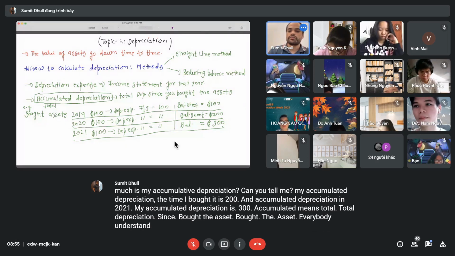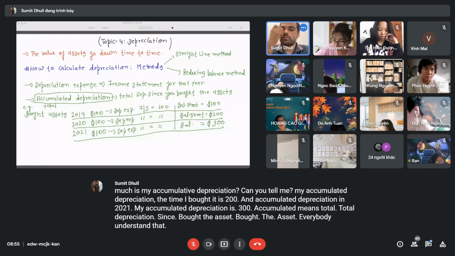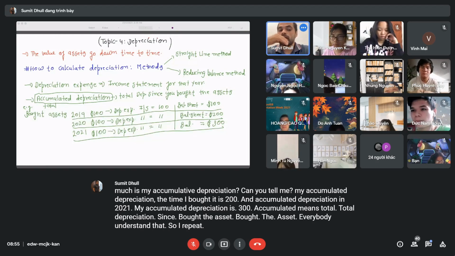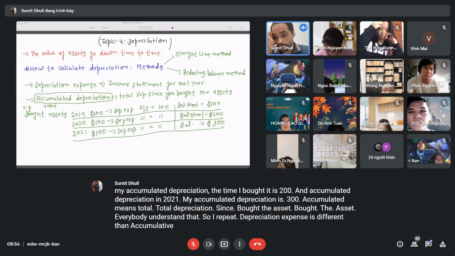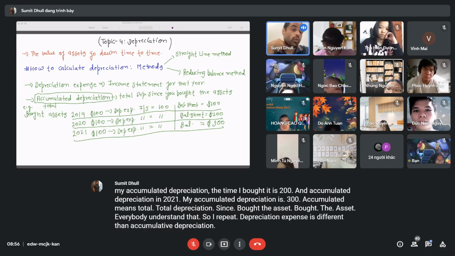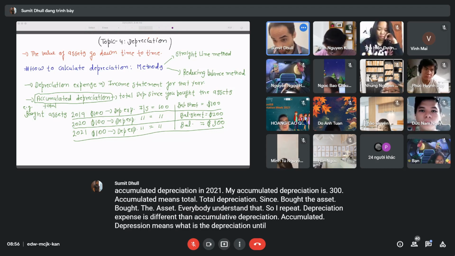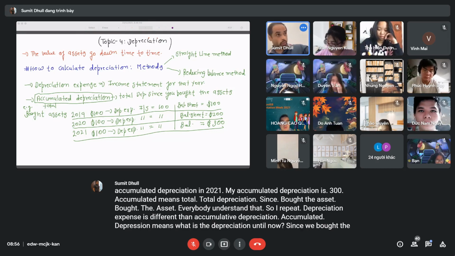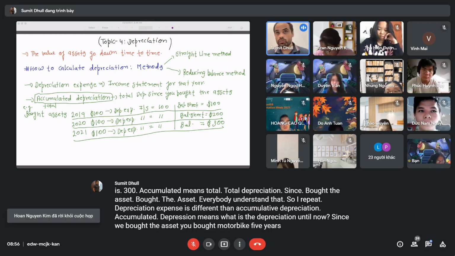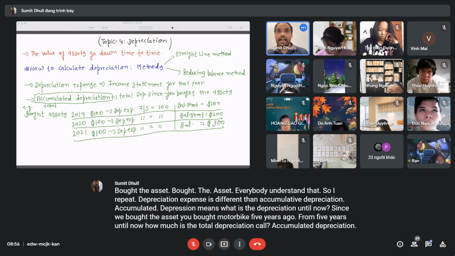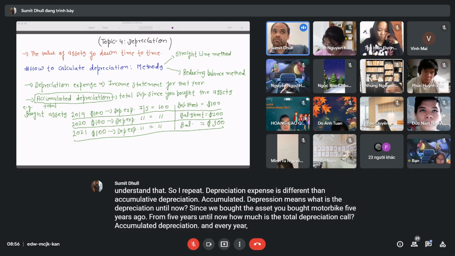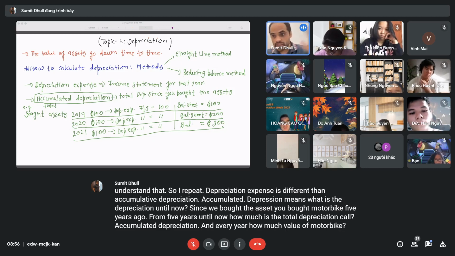Everybody understand that? So I repeat, depreciation expense is different than accumulated depreciation. Accumulated depreciation means the depreciation until now, since we bought the asset. You bought a motorbike 5 years ago. From 5 years until now, the total depreciation is called accumulated depreciation. And every year, how much value of the motorbike reduces?